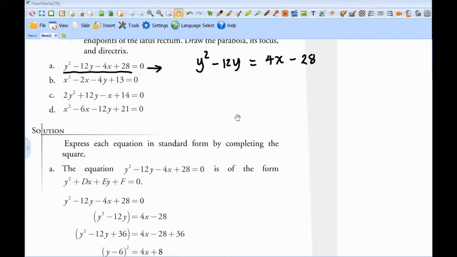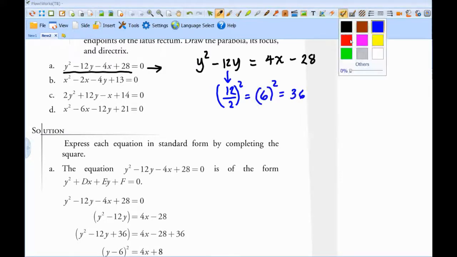So by completing the square, we get the b, right? What's the value of the b? It's 12. We will divide by 2, then square. So 12 divided by 2 is 6. And squared, we have 36. So once again, we went back to completing the square. We add 36 here. We also add 36 there.